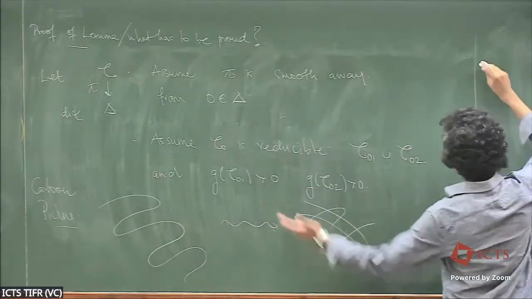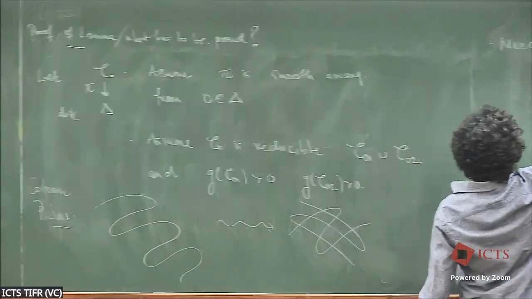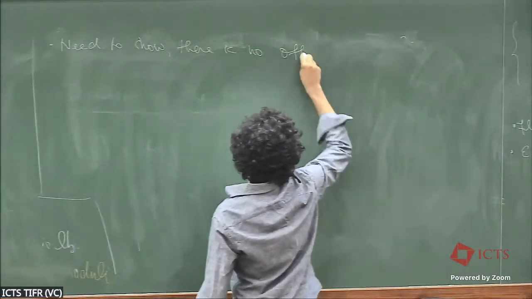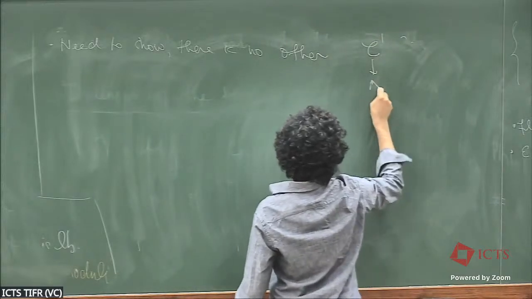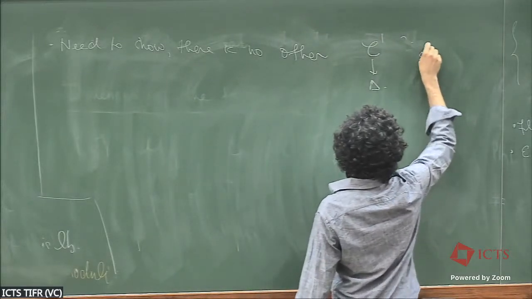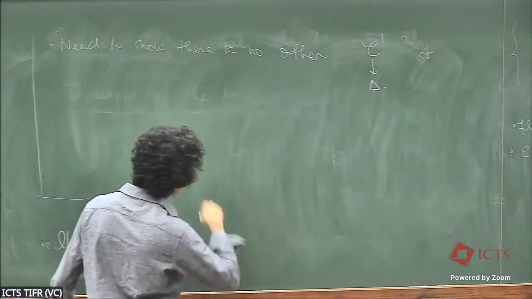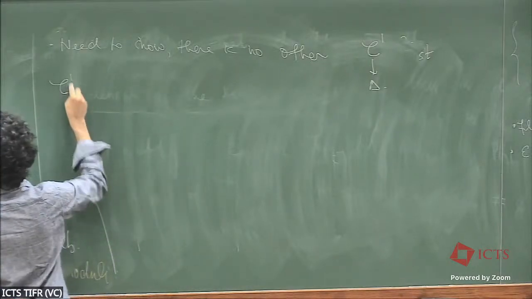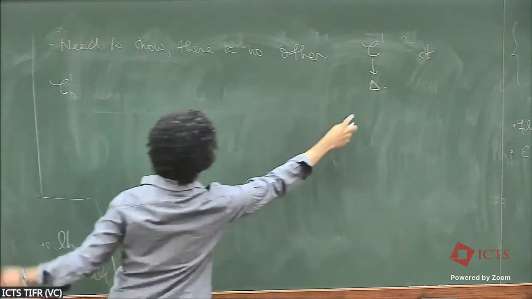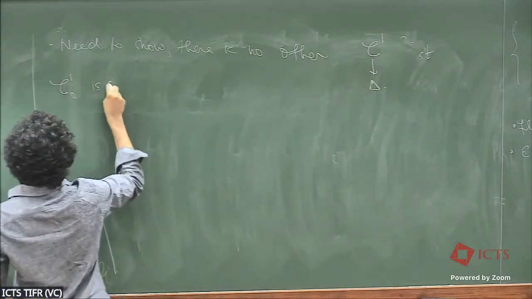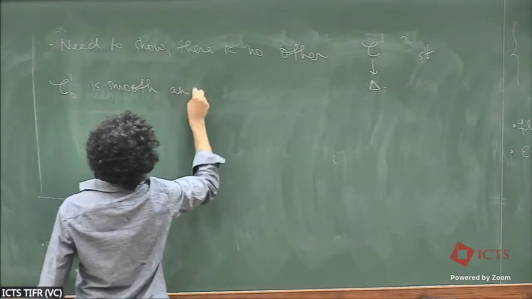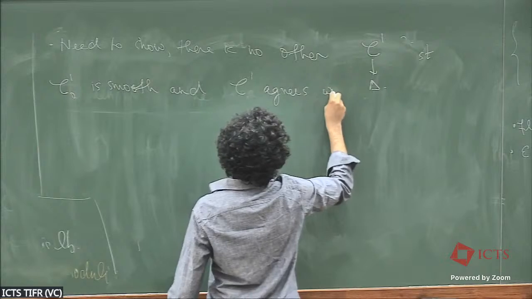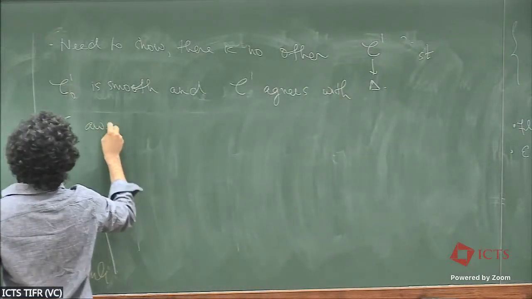And so now, what actually has to be proved? We need to show there is no other C prime over the disk such that C prime 0, when I set the coefficient equal to 0 on the disk, is smooth, and C prime agrees with C away from 0.